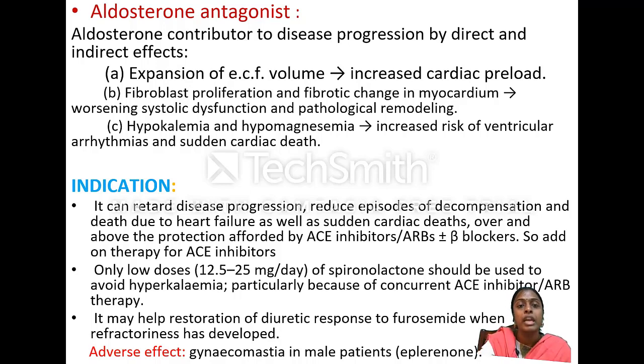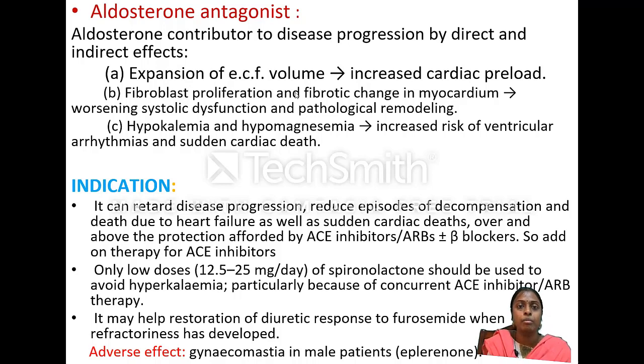How? It will expand the extracellular fluid. If there is more fluid, more blood pressure. Not only that, it will increase the cardiac preload. And the next one is fibroblast proliferation. Fibroblast is the main reason for our cardiac muscle contraction. When there is more fibroblast, what will happen?